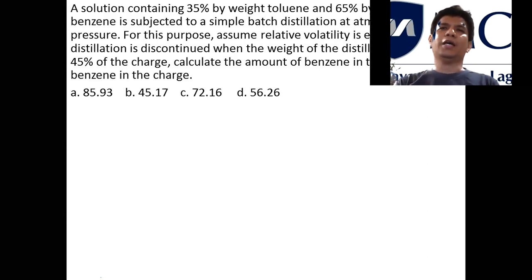So the XF of 0.65, the 100 kilogram of feed, and the 45 kilogram of distillate, you have three known variables.